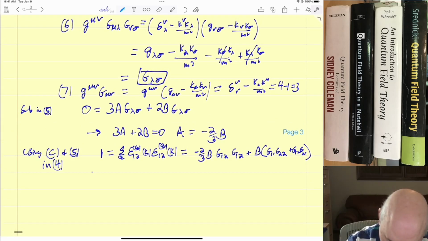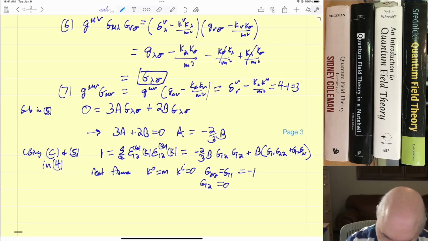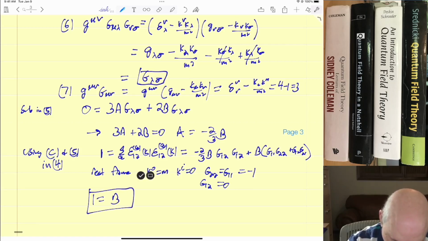Now in the rest frame, again, always go to the rest frame in relativity. k0 is equal to m, k i equals 0, G22 equal to G11 equals minus 1, and G12 equals 0. So substituting in there, we end up getting 1 equals B. And this implies A equals minus 2/3. We're almost done.